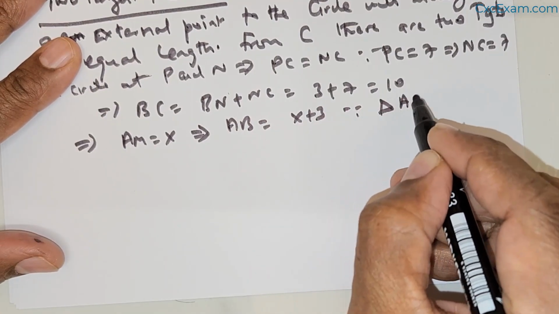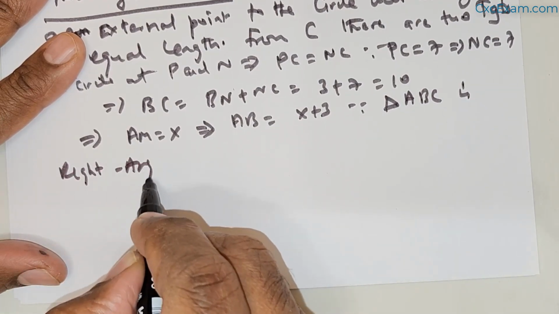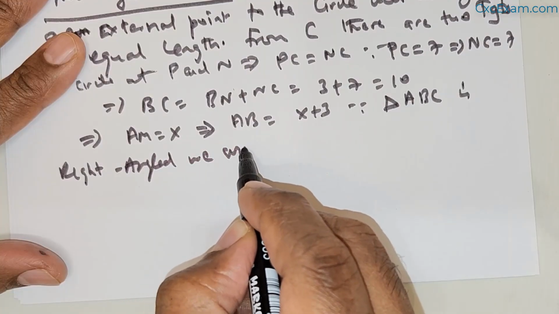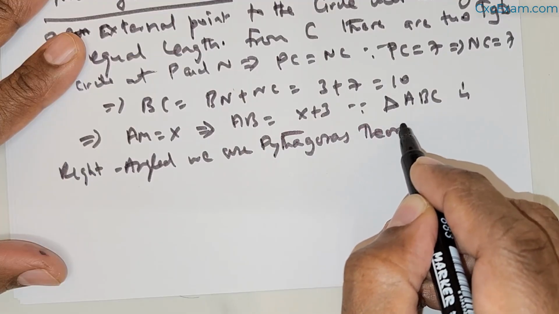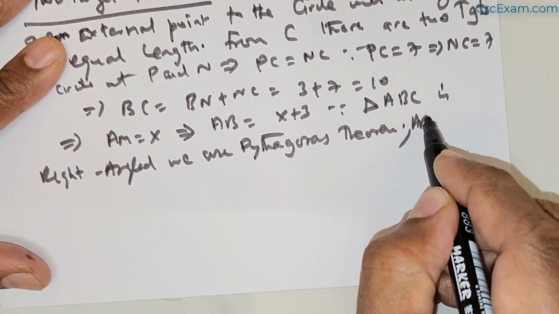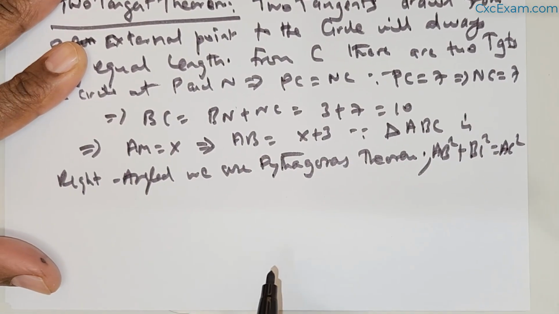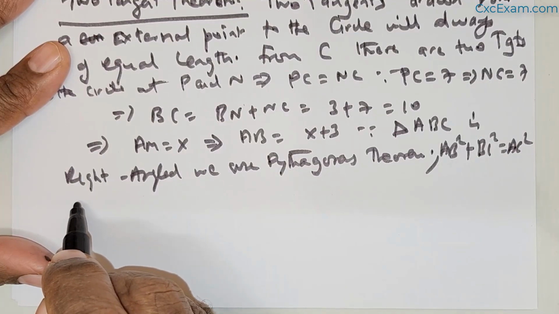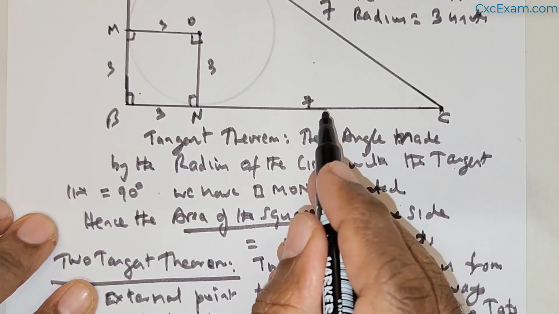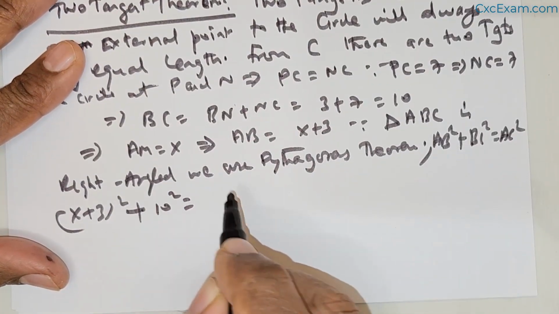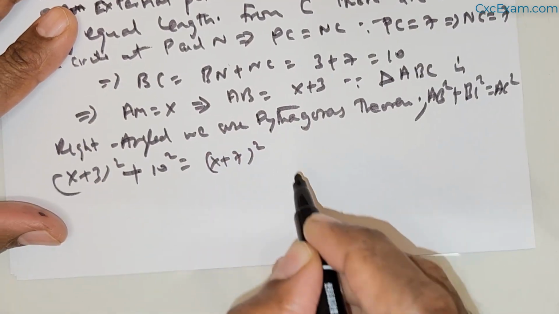Now since the triangle ABC is right angled, we use Pythagoras theorem. So what does it state? It states AB squared plus BC squared is equal to AC squared, right? So AB squared is (x+3) squared plus BC, 7 plus 3, 10 squared, and AC is (x+7) squared.